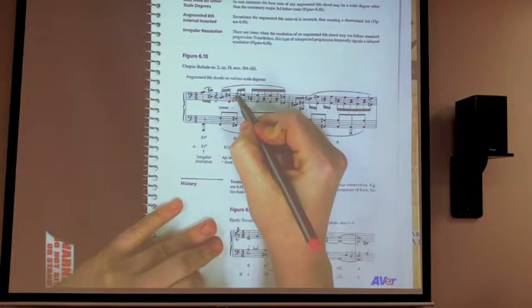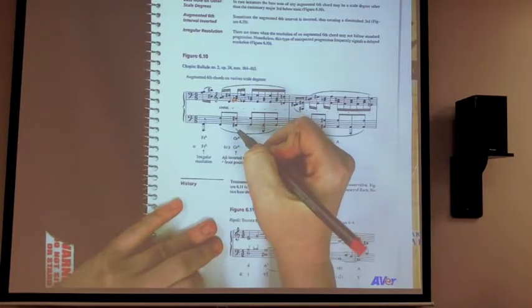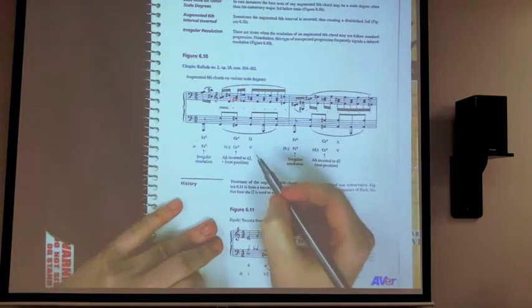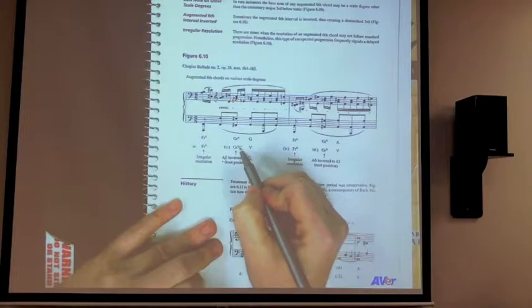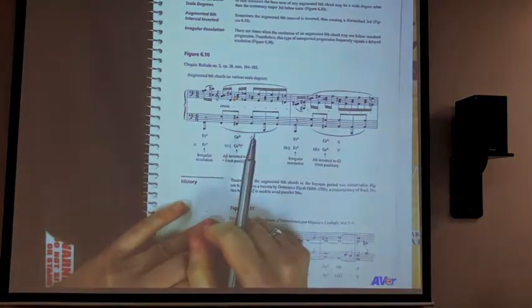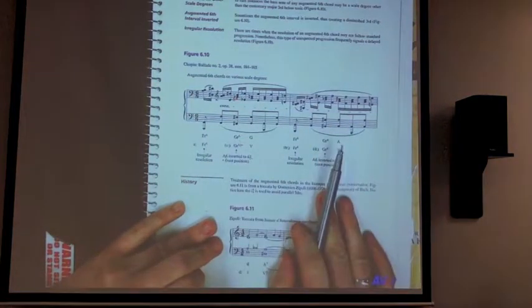Now normally this F sharp would be up here and the A flat would be on the bottom and in the bass. It doesn't quite work with what the composer wants to do with the bass, so it's basically a German in root position, but you're still just going to call it a German sixth because that's what we call it. Okay? So even though it's in root position, just call it a German sixth. Does that make sense?